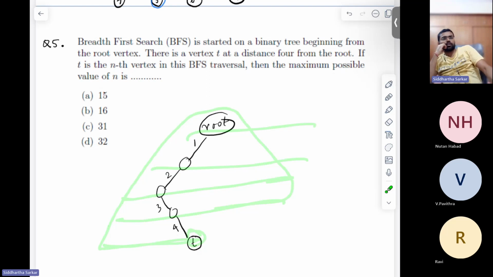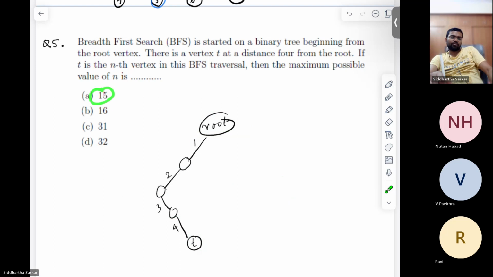So now we're going to think about it. So you have options 15, 16, 31, and 32.